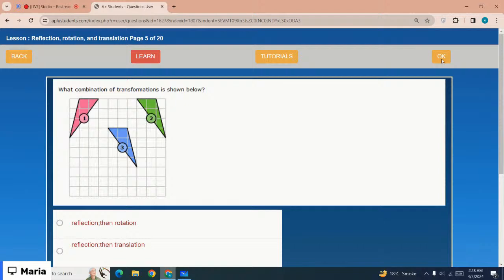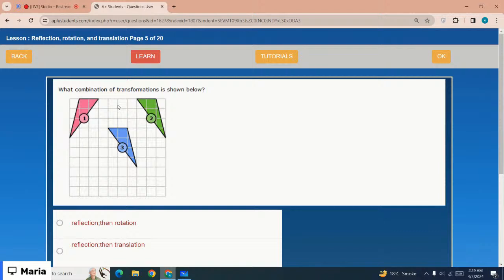What combination of transformations is shown below? You basically have to understand that you started from 1, you performed another step to 2, and you end up at 3. Which steps are you following from 1 to 3? You can see here is the 1 and here is the 2. So 2 is just a reflection of the first one. 2 is the mirror image of 1, that is a reflection. And then 3 has exactly new coordinates. That means 3 is the translation.